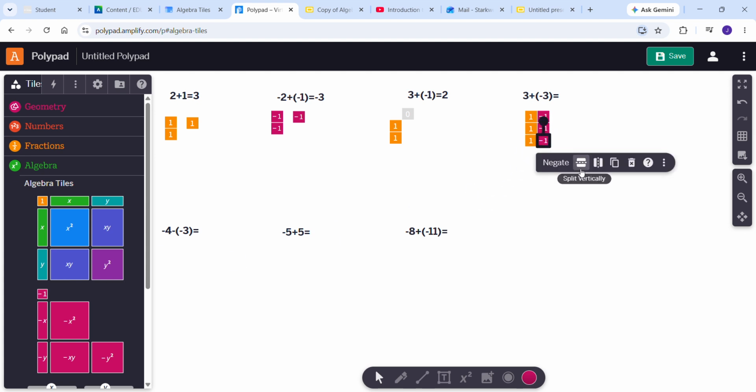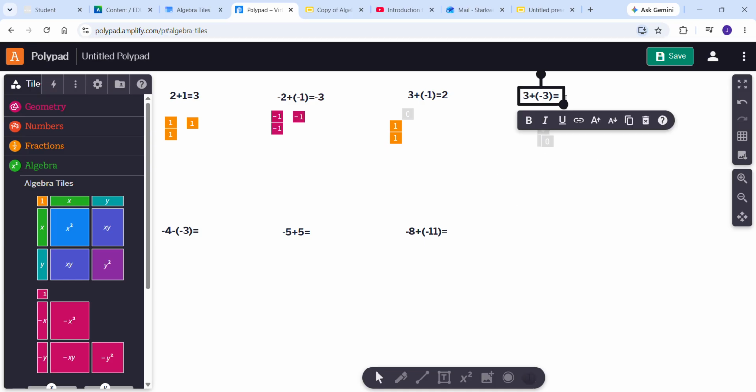What this represents is positive 3, 1, 2, 3, or 3 positives, plus we want to add it to 3 negatives. Well, if you look at this, this problem is actually really simple, because we have a 0 pair, a 0 pair, and a 0 pair. And we are left with absolutely nothing. So the answer to that one is 0.